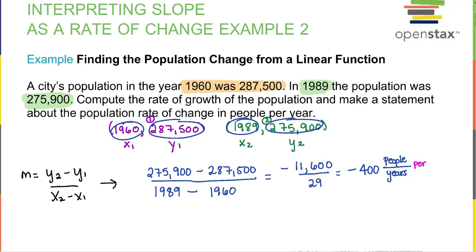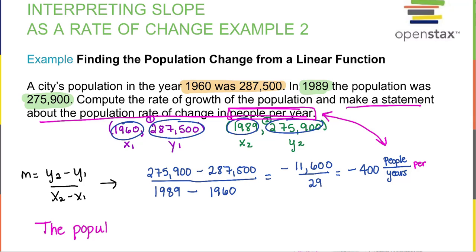When they say make a statement about the population rate of change in people per year, they kind of gave us that hint there. So I know we're right when I say people per year, because that's what they have written in the scenario. Let's say the population, because that's what the function is about.